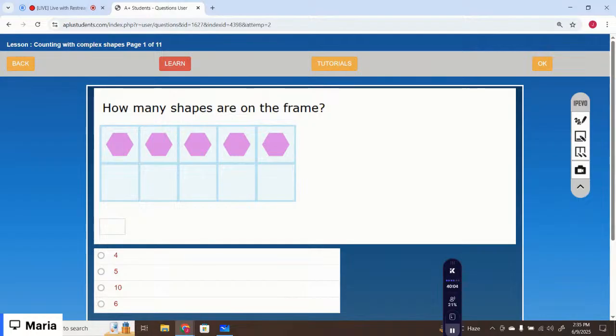How many shapes are on the frame? So which is the correct option? There are 5 shapes. The correct option is option number 2.